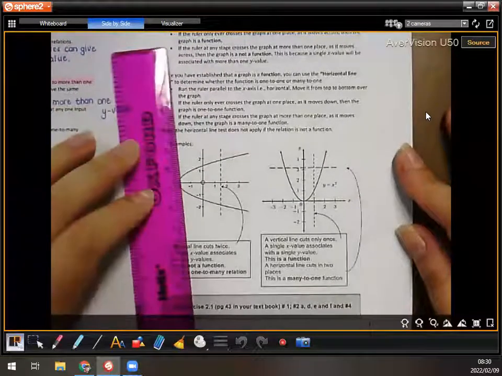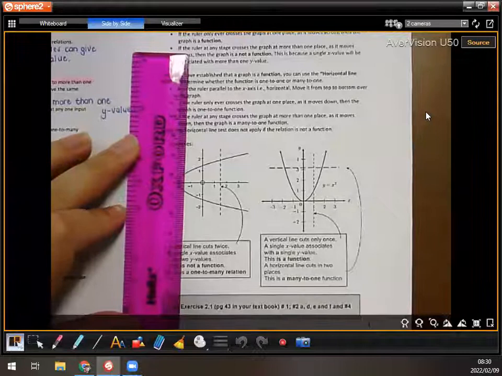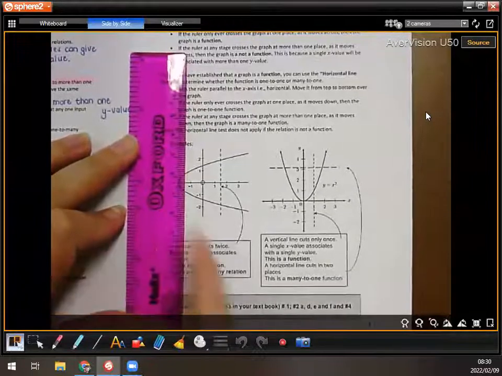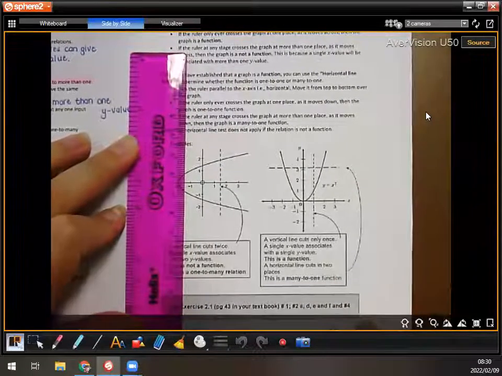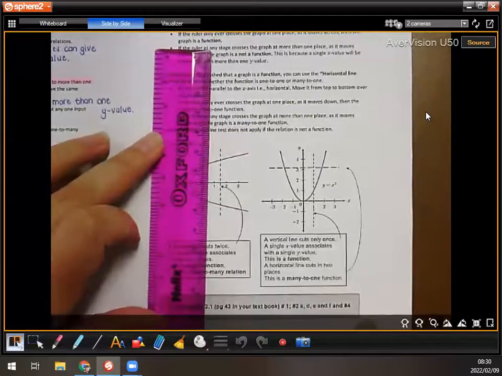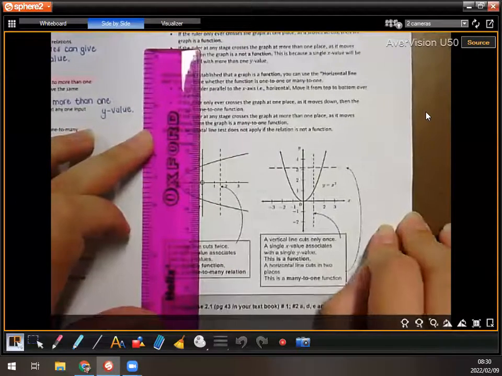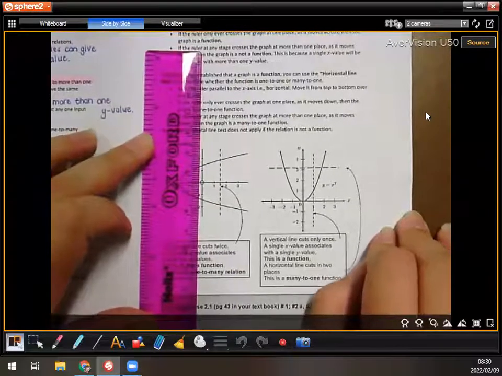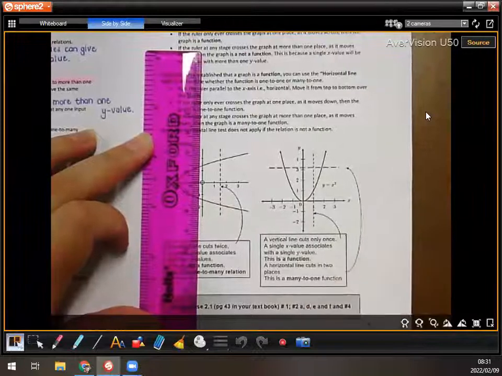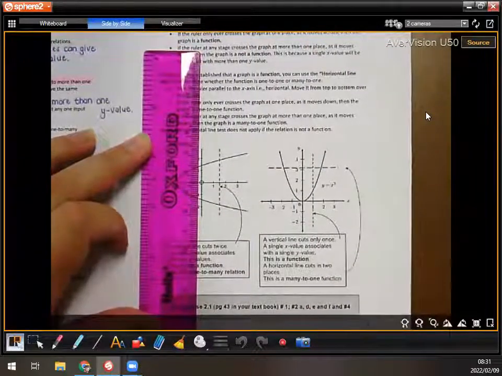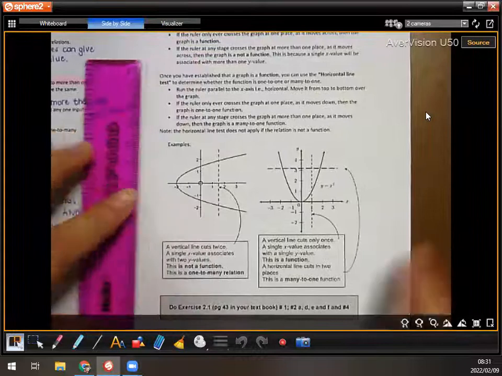Your ruler has to be vertical. So the ruler represents an x value, and then if the ruler at any point, guys, cuts your graph more than once, that means that you have more than one y value. Okay, so you can just remember that the vertical line test is like your y-axis. So we use it to check if there are multiple y's. Okay, which is going to tell us whether we have a function or not.